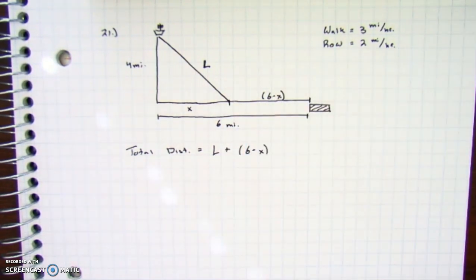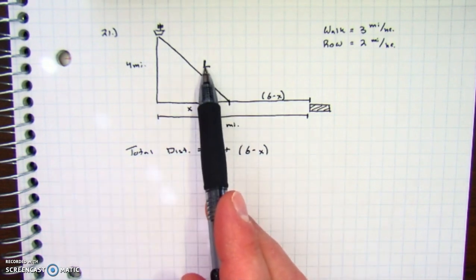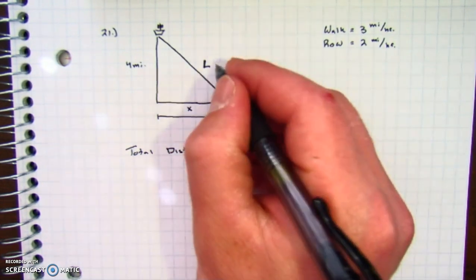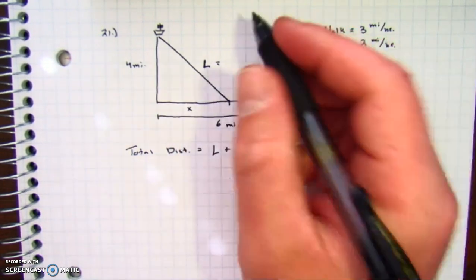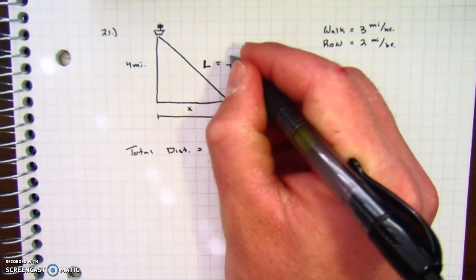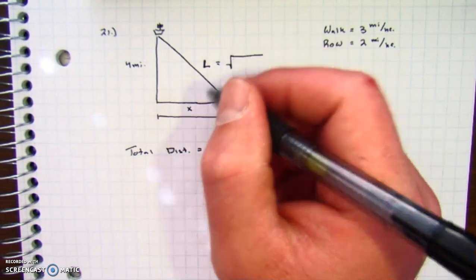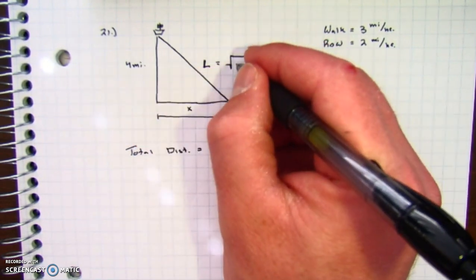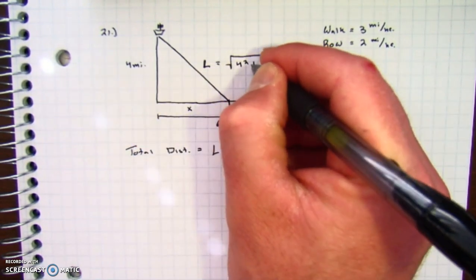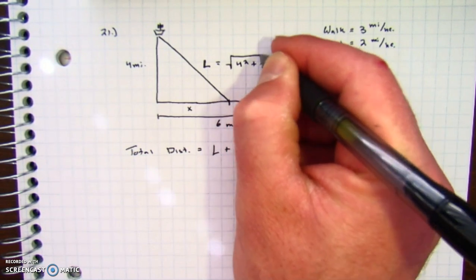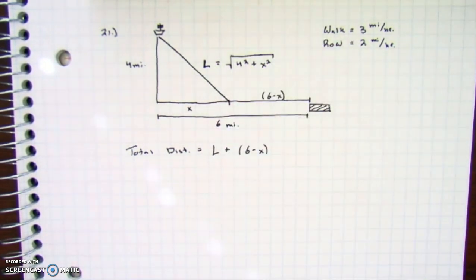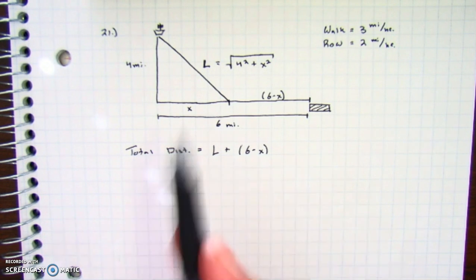Also, I know the length L because of the Pythagorean theorem. It's going to be the square root of 4 squared plus x squared. And we don't know what x is. That's what we're ultimately trying to solve for.